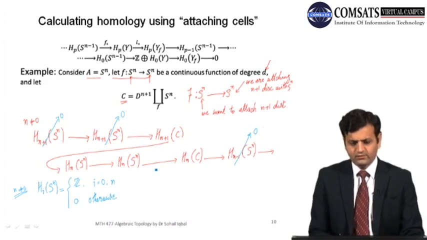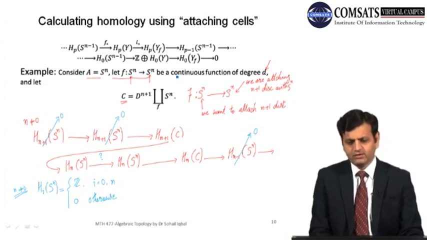And what about this map between H n of Sn and H n of Sn? If we have this continuous function f from Sn to Sn of degree d, then H n Sn is basically Z, and H n Sn is Z. So this map from Z to Z is basically multiplication by d. You multiply integers by d and you obtain the elements of this set.